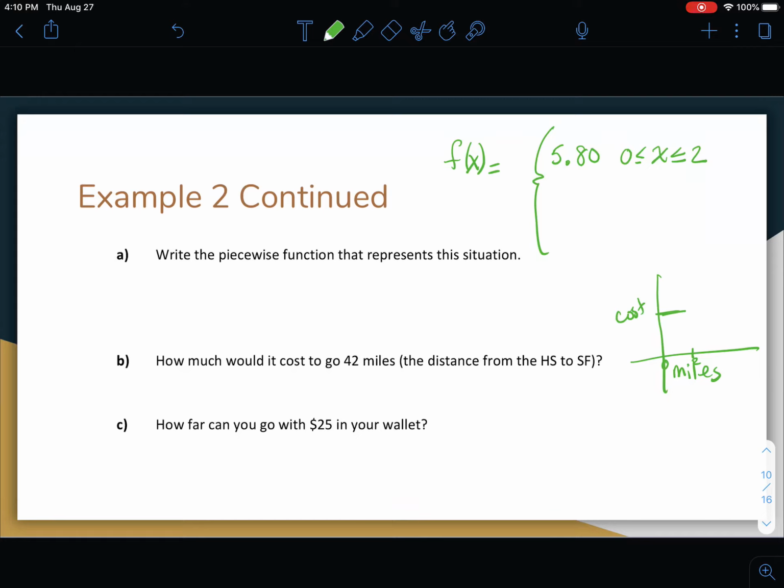I'm assuming you would still get charged for something because that person came out to pick you up. So that's my reasoning for why I put an equal to here. I assumed that the car got to me and then I said, no, forget it, and I'm still going to get that flat fee. The equal to on the 2 is because this original problem is saying, for the first 2 miles. So that's why it includes the 2.